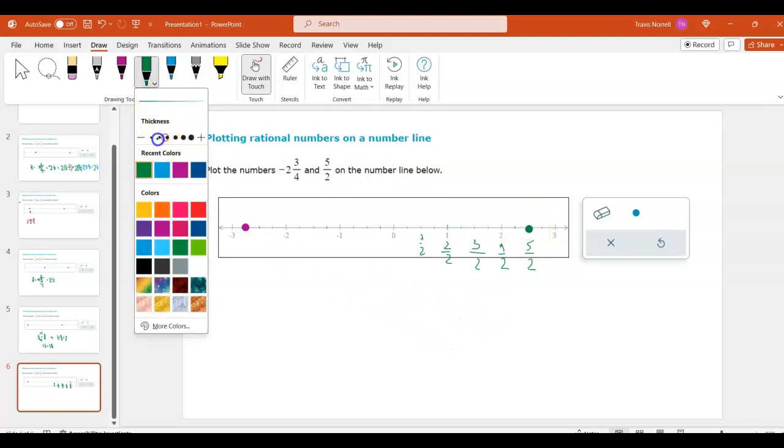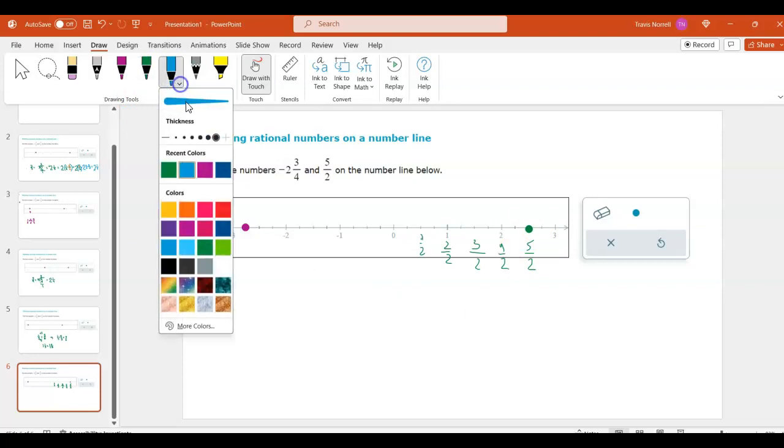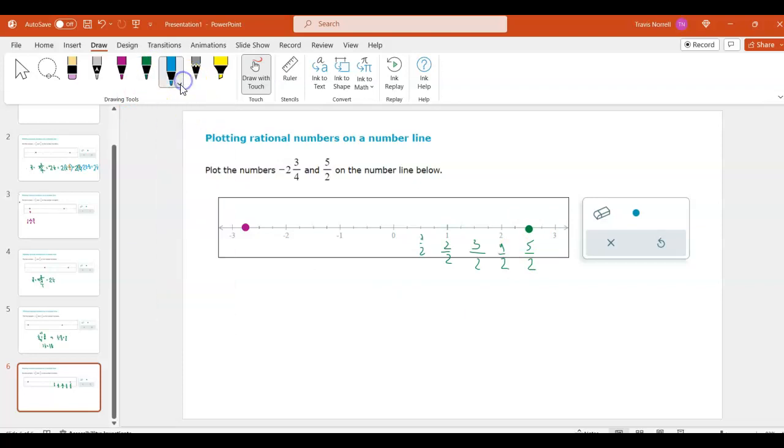Or we could change 5 halves to a mixed number by saying 5 divided by 2. 2 will go into 5 2 whole times. Remember, this fraction bar is just a division sign, so 5 divided by 2. 2 times 2 would give me 4 here, and a remainder of 1. So that would be 2 wholes and 1/2.